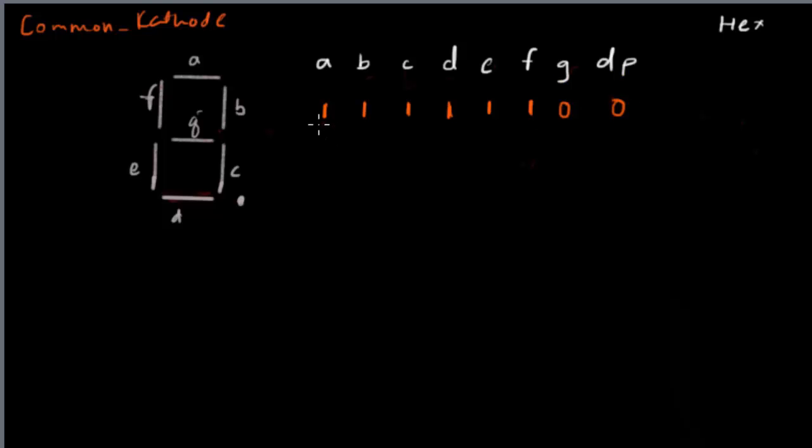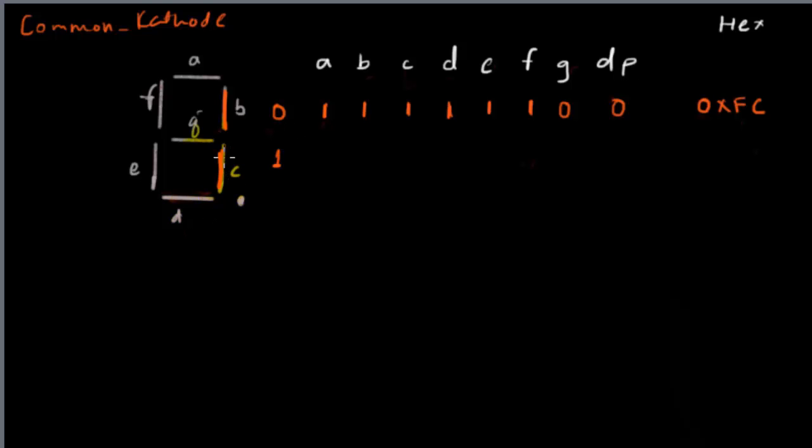So the higher nibble would be F and the lower nibble would be C. So that makes the code 0xFC in hexadecimal. Now this is for the digit 0. If you want to go ahead and display the digit 1, only the segments B and C are turned on.